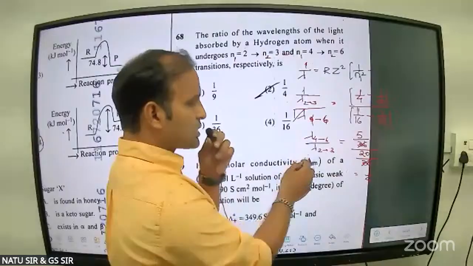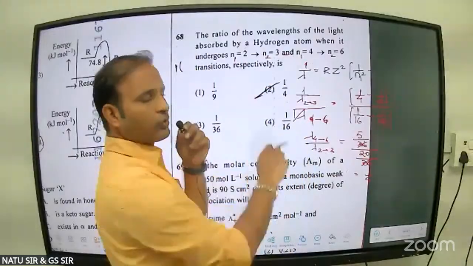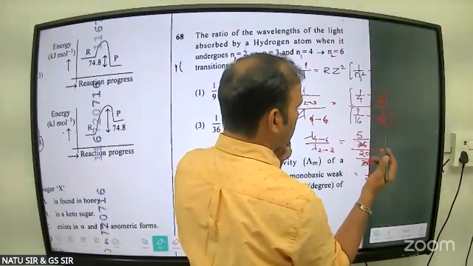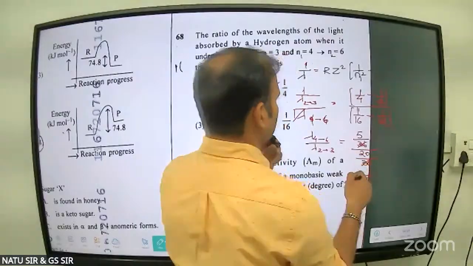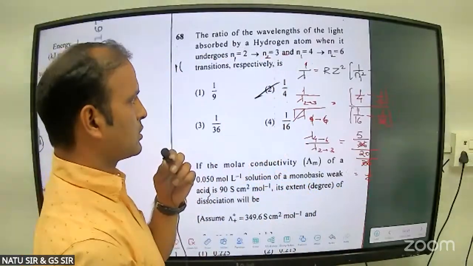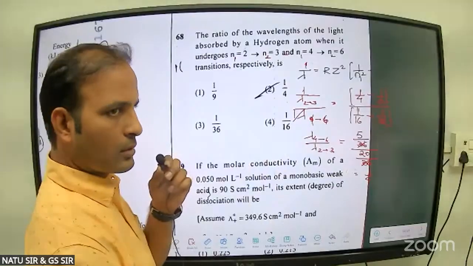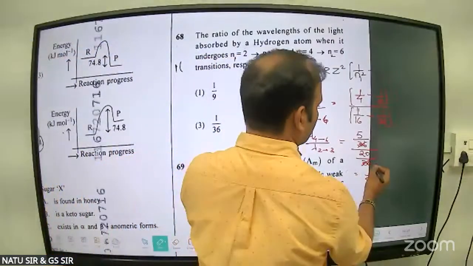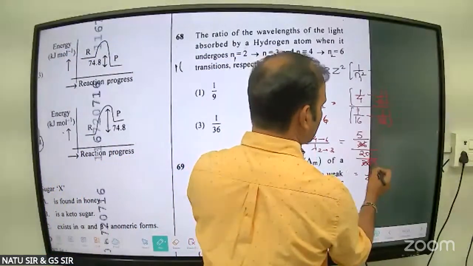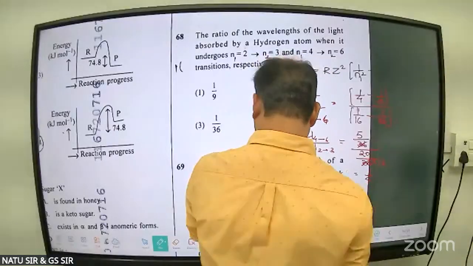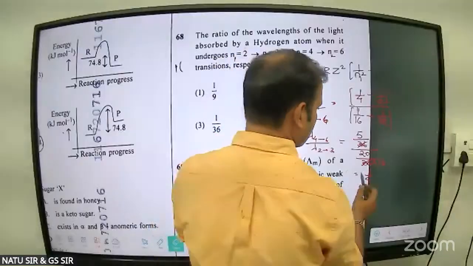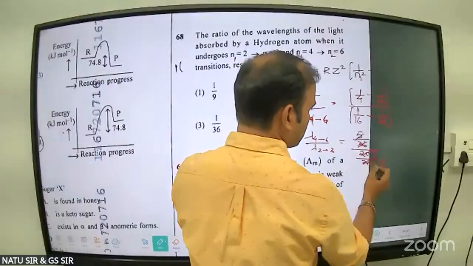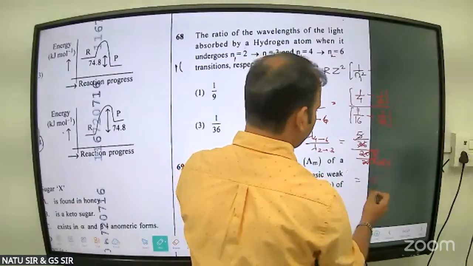But this is the ratio of 4 to 6 and 2 to 3. But हमें चाहिए ratio of 2 to 3 to 4 to 6. Simple सी बात है ये उल्टा हो जाएगा. Now this is 5 4 1 4 जो कि ऊपर जाता है 4 देगा.